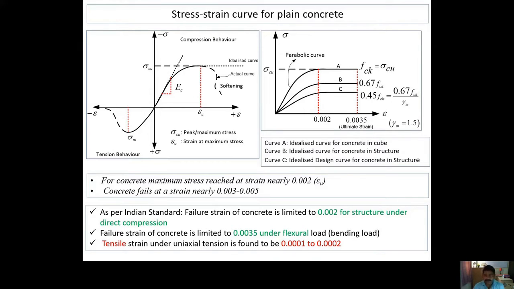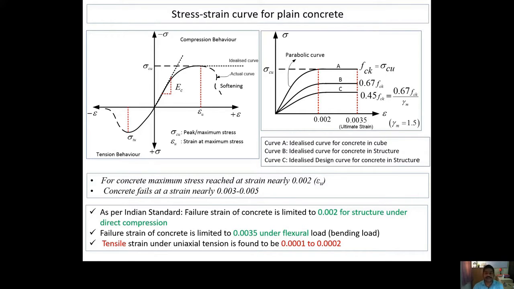Now come to this stress-strain pattern. This graph for concrete is parabolic in nature, and you can see when the specimen reaches the maximum stress value, you also have the corresponding strain value, which is represented by epsilon u.